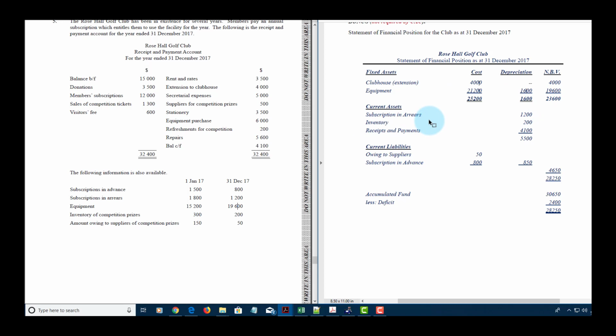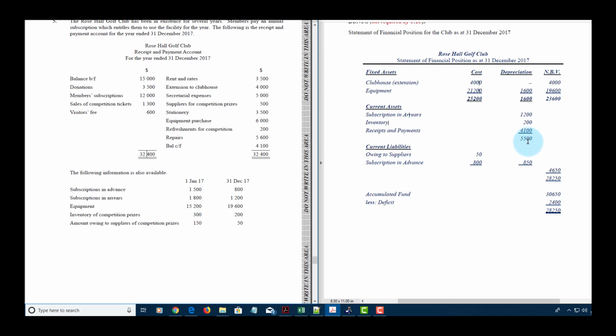Our current assets: subscription in arrears at the end of the year 1,200, inventory 200, and receipts and payment closing balance, because if the carry down is on the credit side, it means the brought down will be back on the debit side.